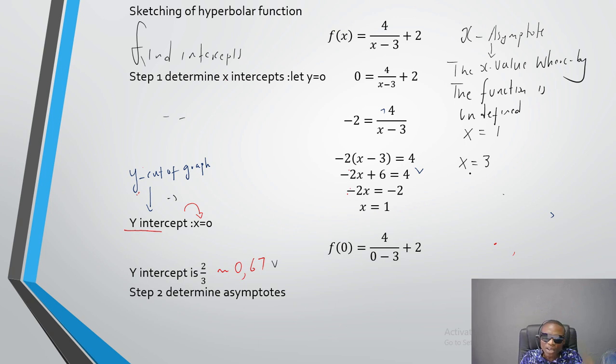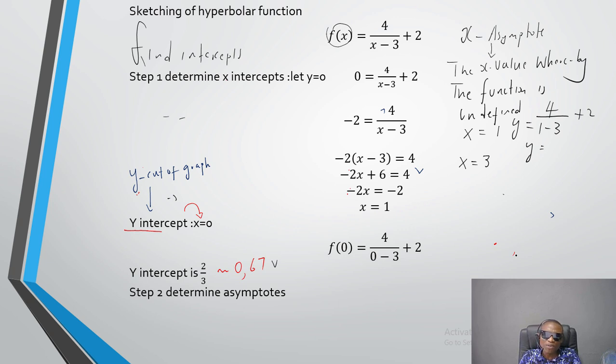So I'm coming to this equation, f of x equals 4 over x minus 3 plus 2. I'm going to look for y. Remember, this f of x actually represents y. So I'm going to say y equals 4 over, where there is x now, I'm putting 1. 1 minus 3 plus 2.